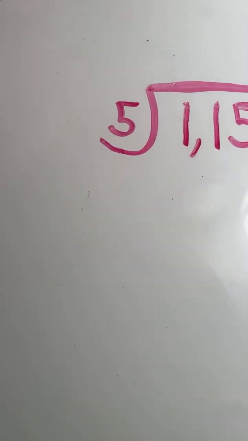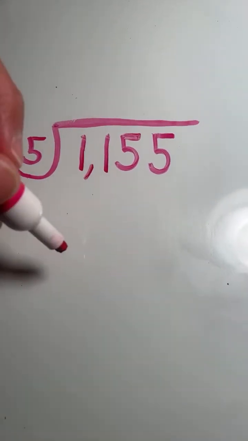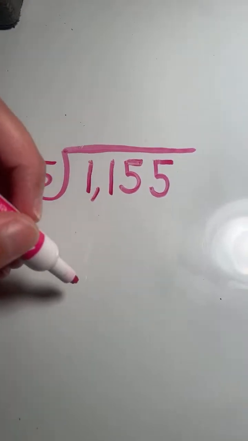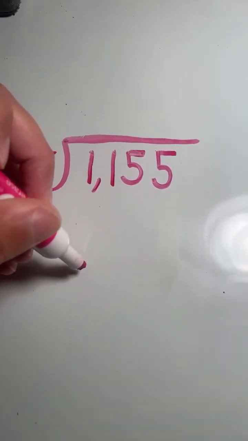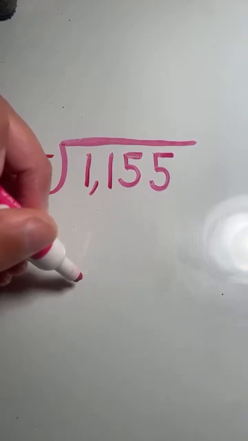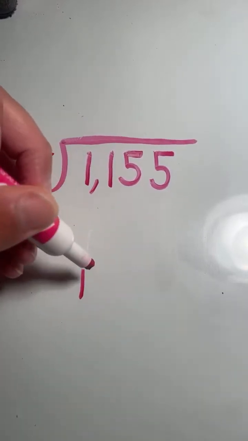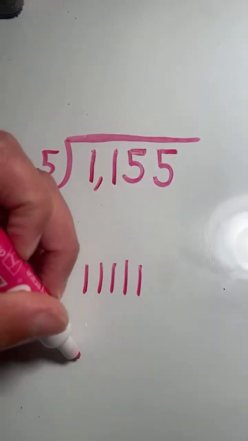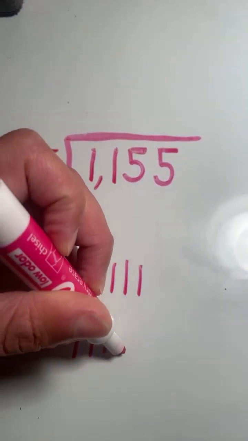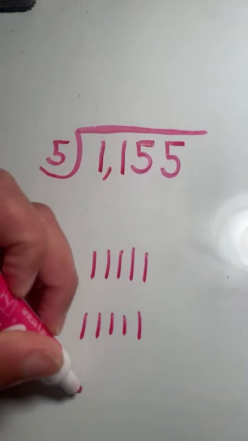So I'm going to make 11 tallies, and I'm going to make them in groups of 5. I'm going to see how many groups of 5 I can get with an 11. So here we go. 1, 2, 3, 4, 5, 6, 7, 8, 9, 10, 11.